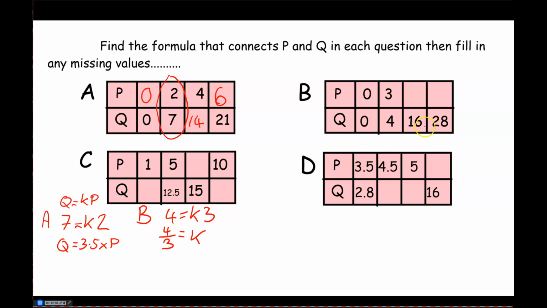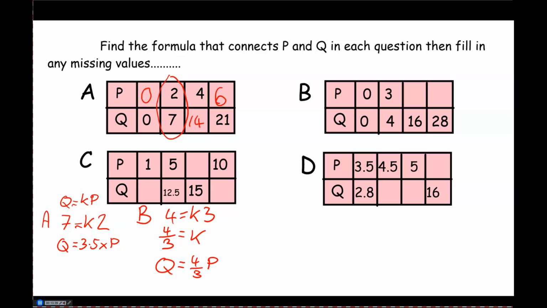Okay, and now because we've got Q, I just need to divide. Let's just write out the formula so we can clearly see it. So Q is equal to 4 over 3 of P. So to actually get P, given I've got Q, I now need to divide by 4 over 3.